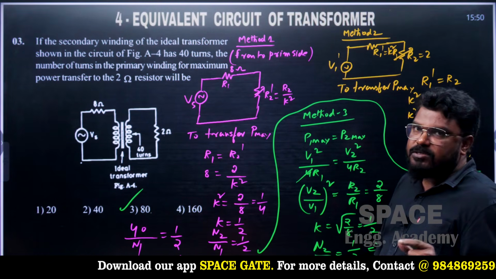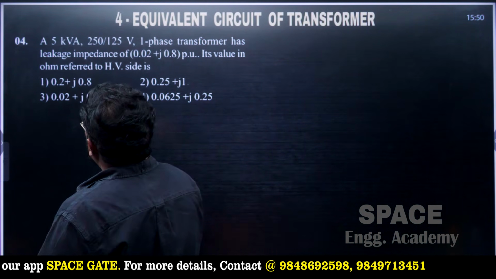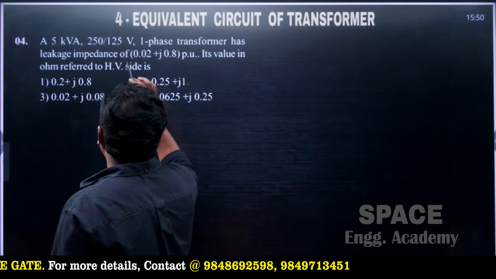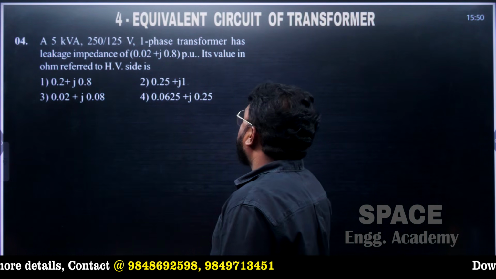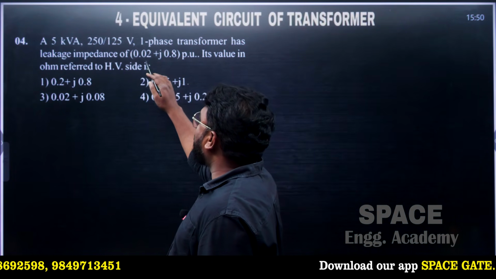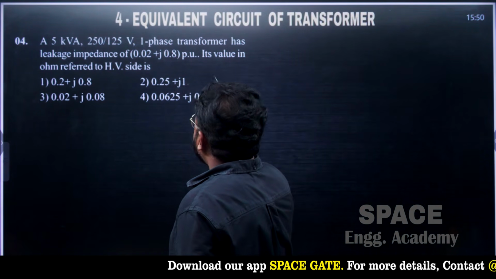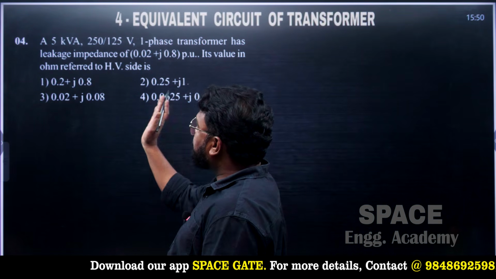Okay, so let us solve one more question based on this concept. Question number 4. A 5 kVA 250 by 125 volts single phase transformer has a leakage impedance of 0.02 plus j 0.8 per unit, and its value in ohms referred to the HV side.